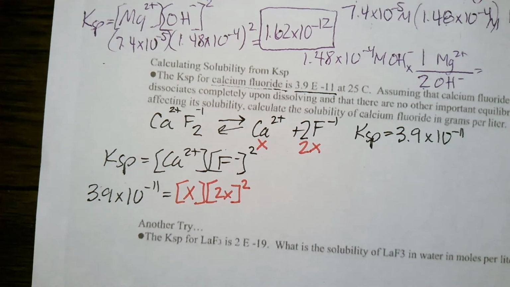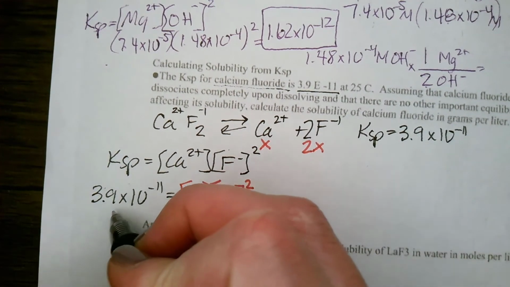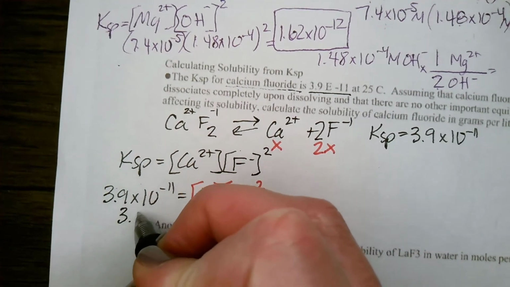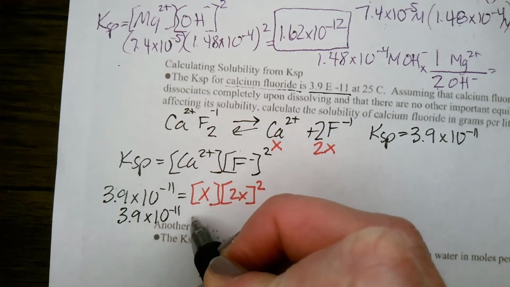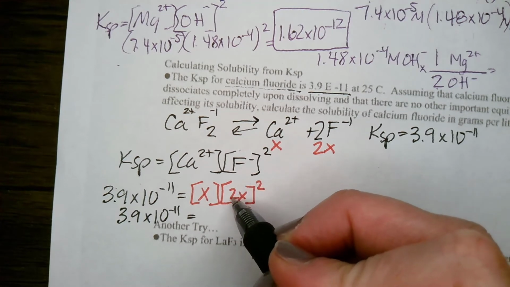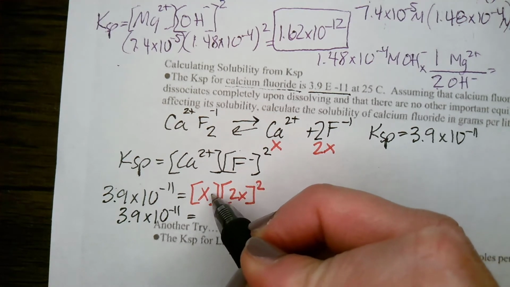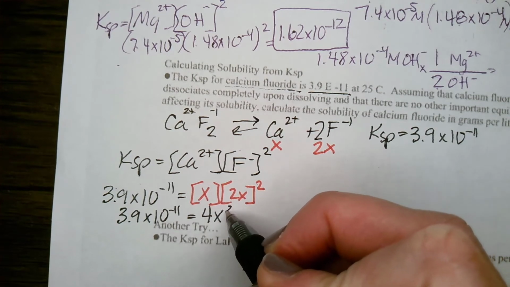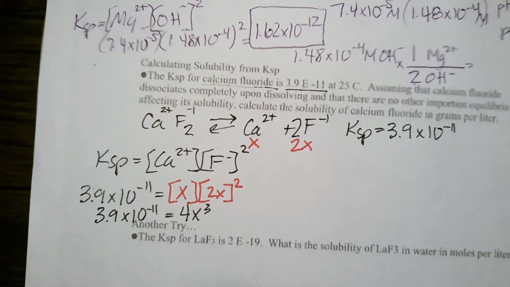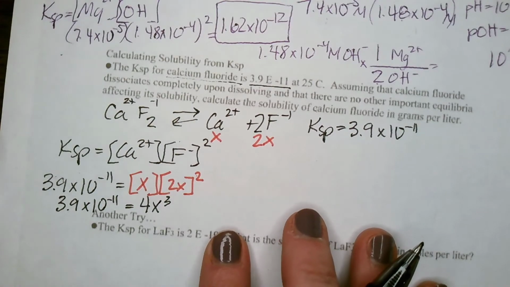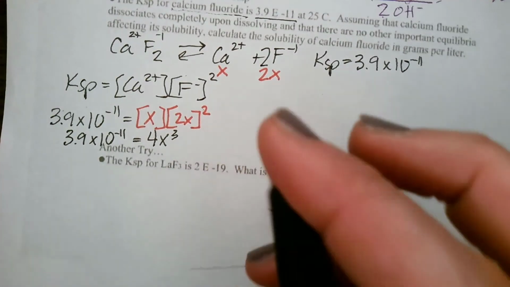Now let's simplify this even more. We're going to say 3.9 times 10 to the negative 11th is equal to, 2 squared is 4, x squared times x would be 4x cubed. All right, let's do some even more simplifying.